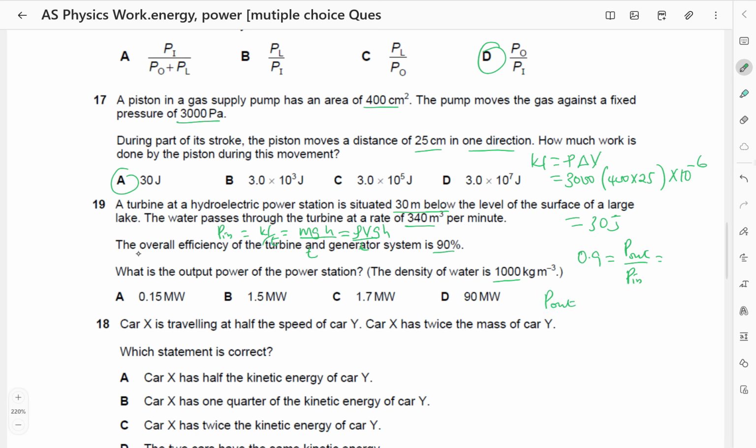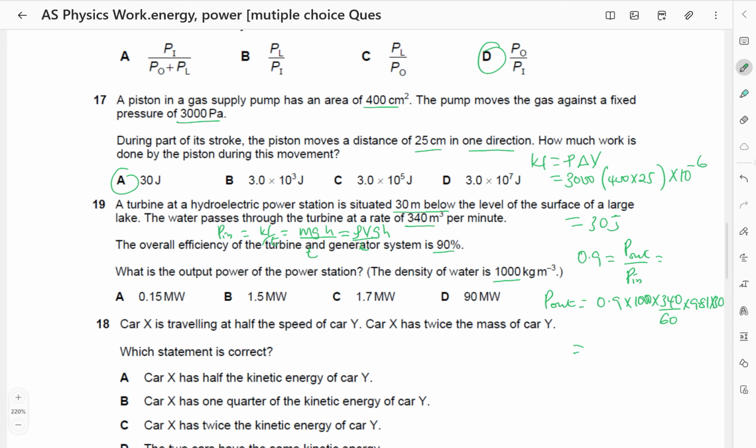Power out will be equal to 0.9 times power in, which will be the density, which is 1000, times volume over t. Volume over t, I'll just change it to per second. So it will be 340, and because it was per minute, I will divide this by 60 to change it to per second, times g, which is 9.81, times h, which is 30.